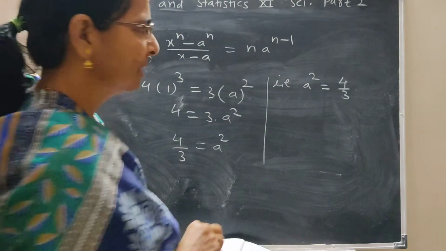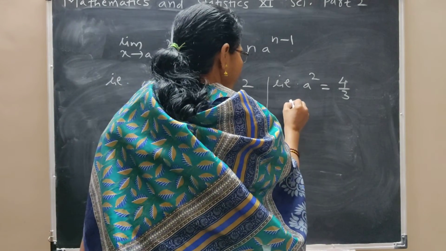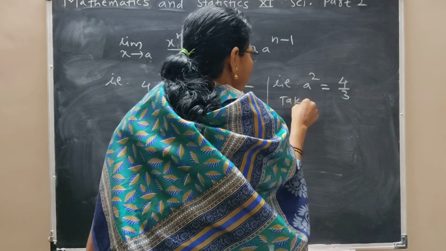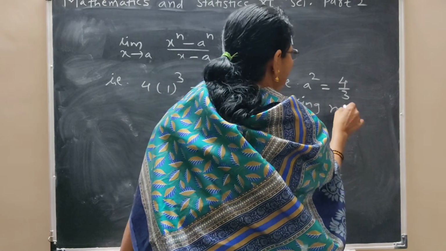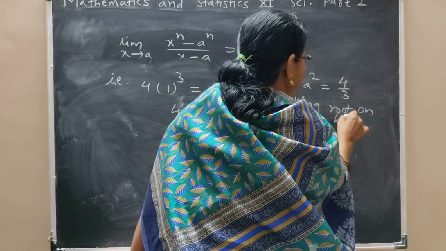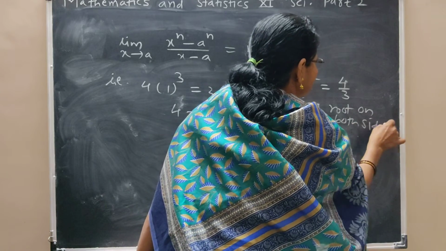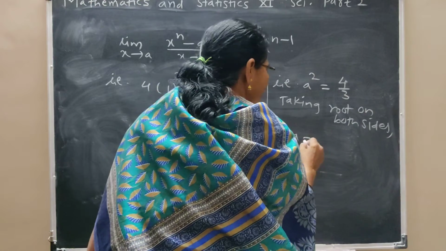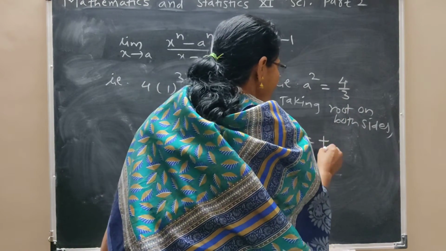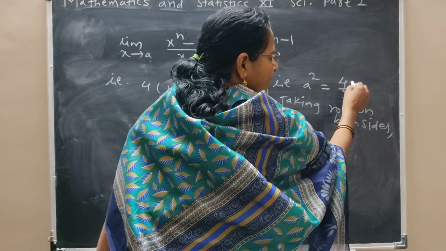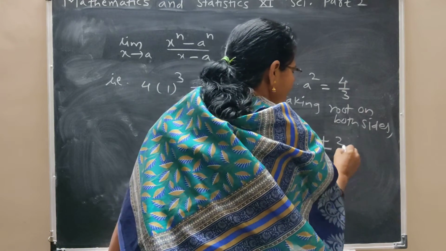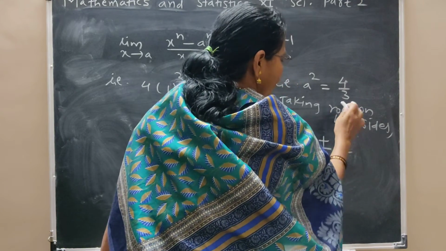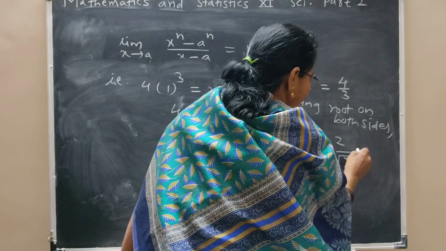Taking root on both sides. Therefore, a is equal to plus or minus root of 4, which is 2, upon root of 3.